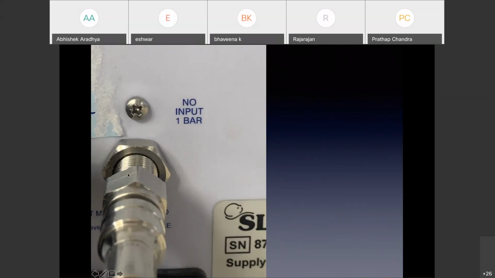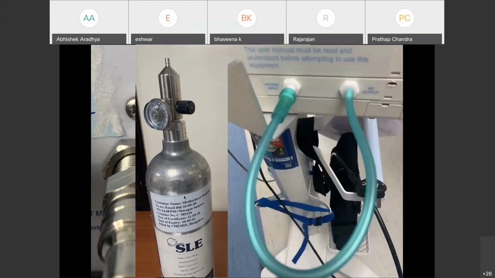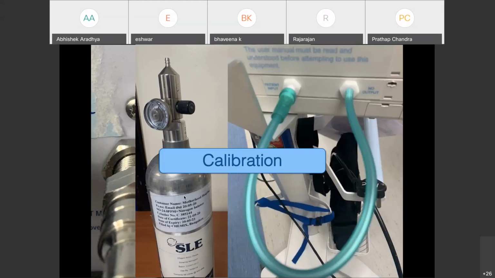This is the back end of the SLE nitric oxide delivery system. There are 2 canisters provided. One is a nitric oxide canister, and the other is your NO2, nitrogen dioxide canister. These canisters are used to calibrate your nitric oxide system. There is a green pipe or catheter which you connect to the nitric oxide output and input areas, and if you calibrate, it becomes 0.